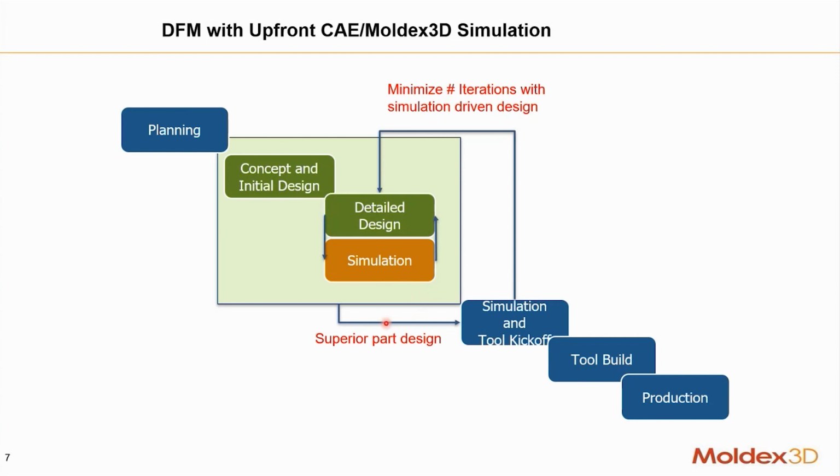So they are able to provide a better part design to the tooling group. So the tooling group, based on the part design, can start to build the tool, runner, cooling channel, and mold design. So the process engineers could have a bigger process window.